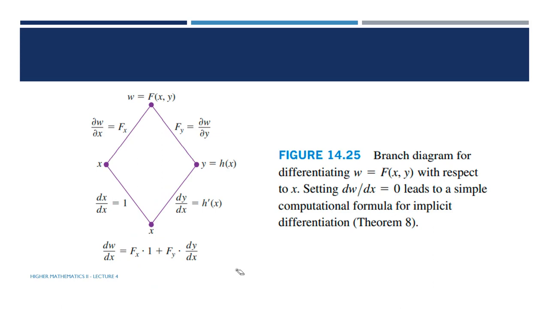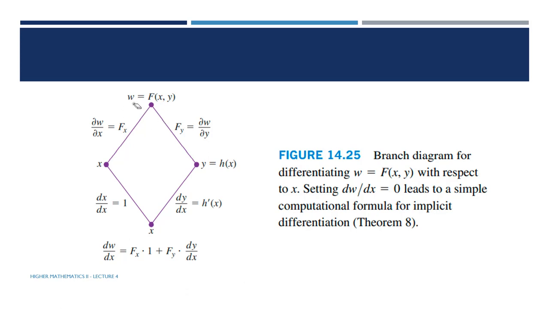In this branch diagram for differentiating w with respect to x, setting dw/dx equal to 0 leads to a simple computational formula for implicit differentiation. Now, we may use the implicit differentiation rules to calculate derivatives for functions given in implicit form, not the explicit form.